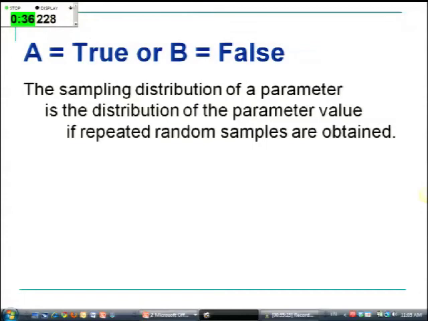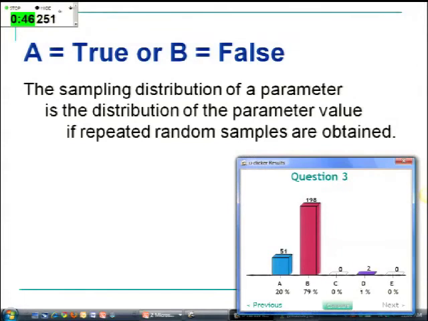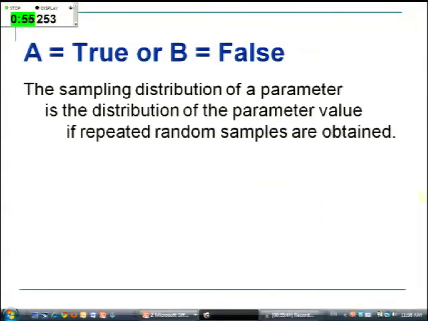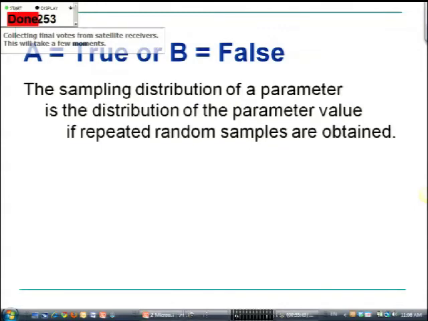Are most of you picking false because it has to be false since the first one was true? No? Good. All right, we get a split here of about 25-75. The answer is false, but you would have to explain perhaps why. Or maybe you could correct it to make it true.